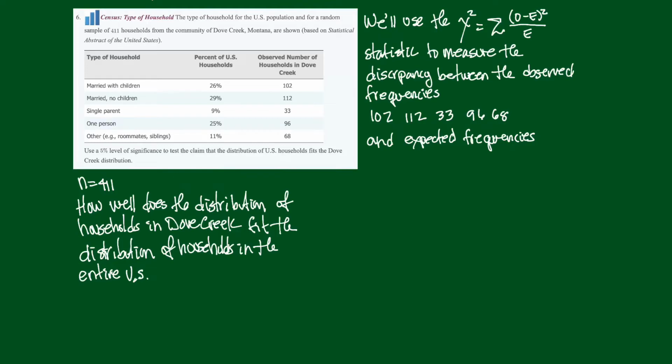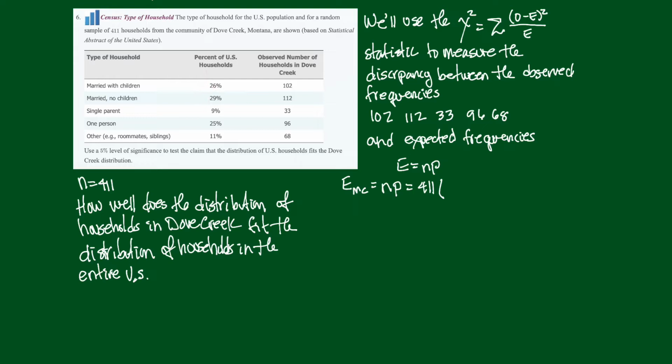Well, we noted here that the expected number is N times P. So what do we expect for married with children? Expected married with children: N times P. Well, N is 411, and what is P? P should be the percentage of married with children.